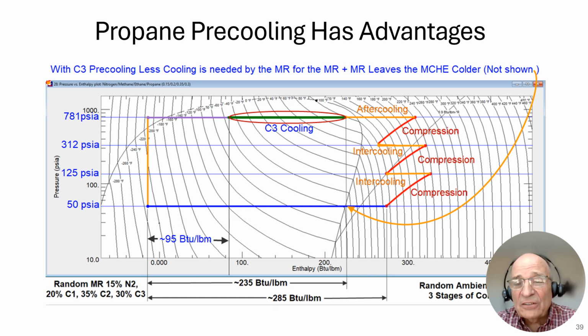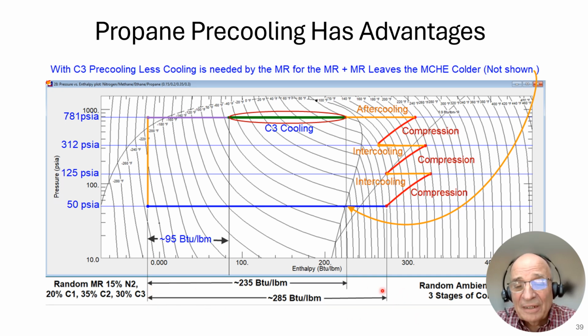Because all the rest of the cooling was done by the aftercooler and by the C3 system, the propane cooling system. That means that of the total amount of cooling that's available, 285 BTU per pound mass, 95 BTU per pound mass is used to chill the MR, which leaves 190 BTU per pound mass to make LNG.